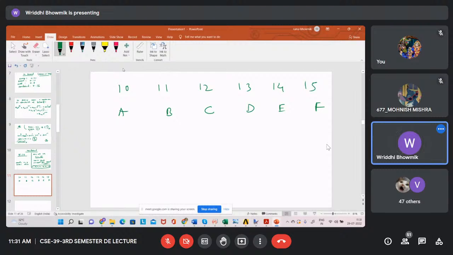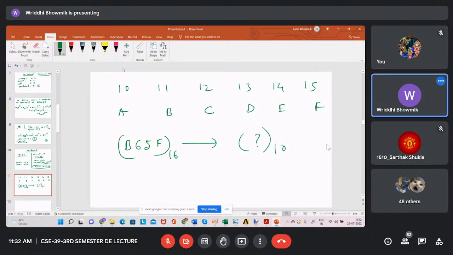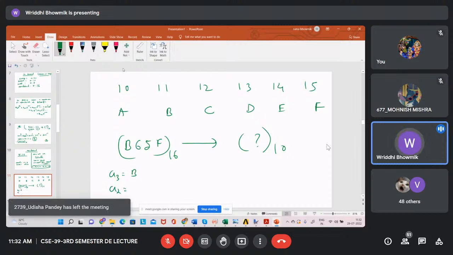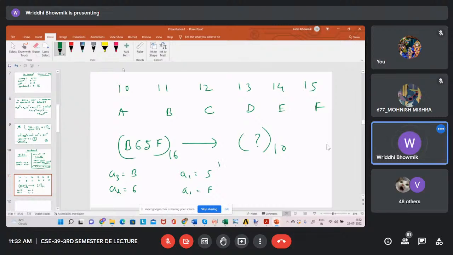Right? So, suppose you have B65F base 16. So, you convert it to the decimal number. How could you do that? You have A3 is equal to B, A2 is equal to 6, A1 is equal to 5, and A0 is equal to F. So you have to multiply the coefficient with the power of 16.